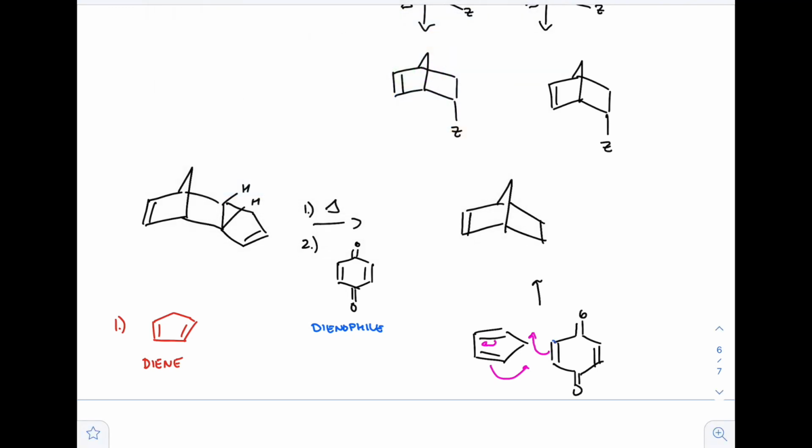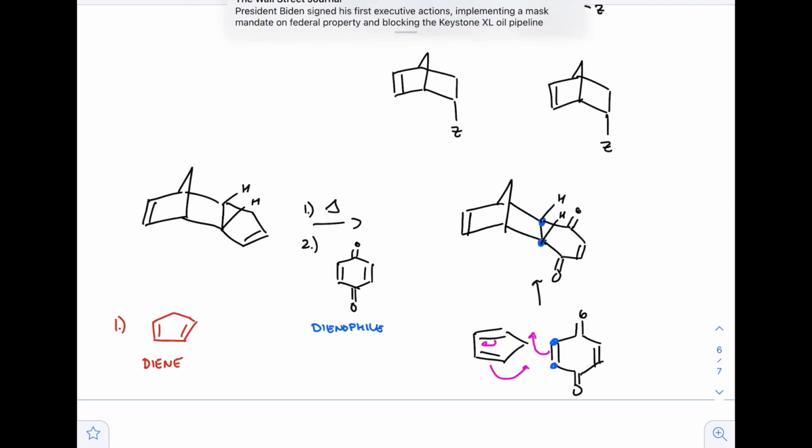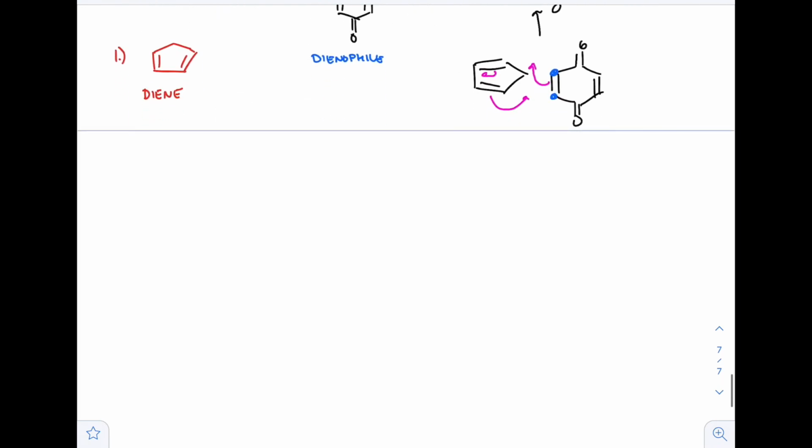We know that the left portion of that molecule is from the cyclopentadiene, and these blue carbons represent the dienophile. Now we just need to make sure that we draw the rest of that ring. It's a 6-membered ring, and then we've got carbonyls and an additional pi bond. Don't forget that pi bond on the far side. That's a common mistake. You want to make sure the only pi bond that disappears is the one that was acting as the dienophile.